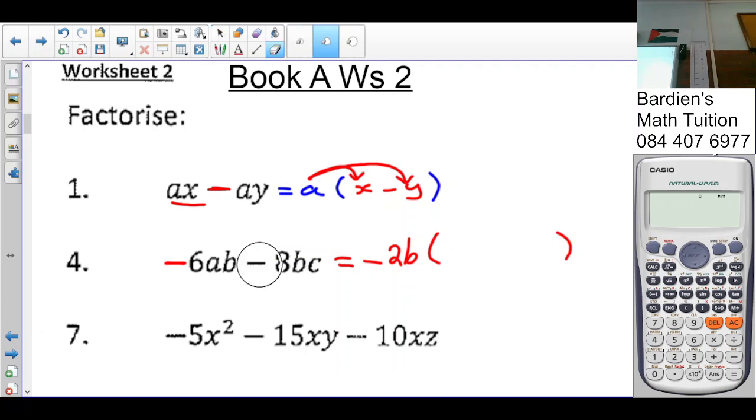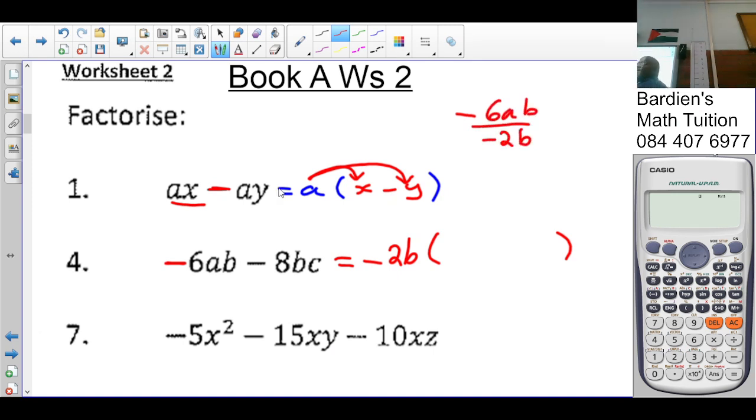Alright, so what do we get? You say negative 6ab divided by negative 2b. So what's negative 6 divided by negative 2? 3. Yes, positive 3. That cancels, leaves you with a. Then we got negative 8bc divided by negative 2b.